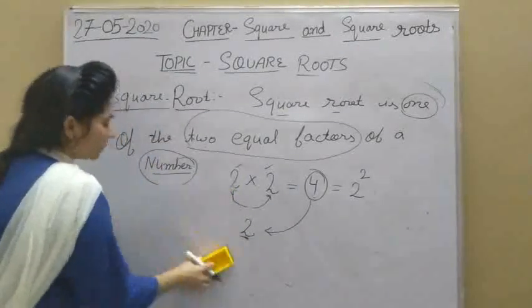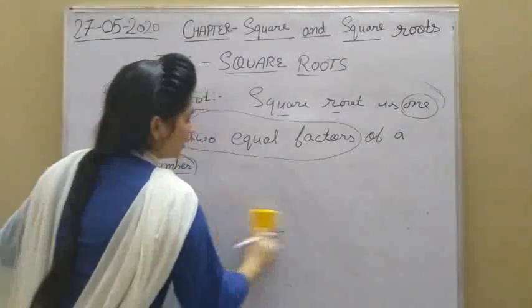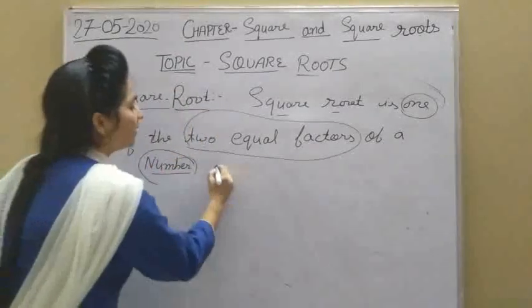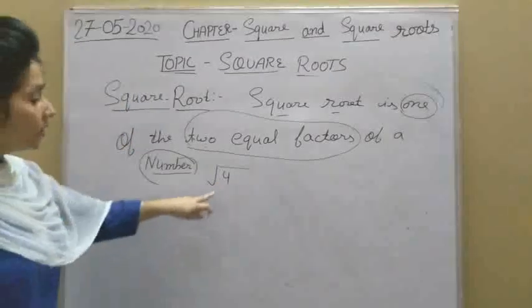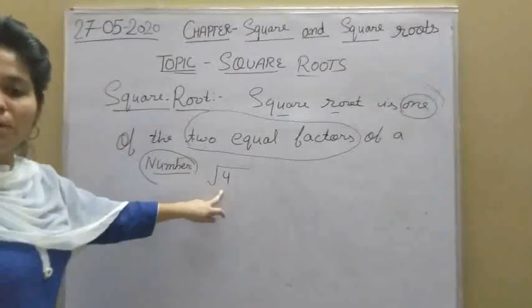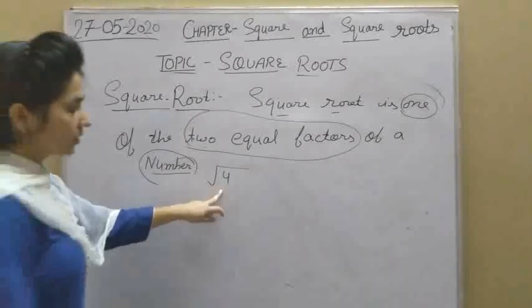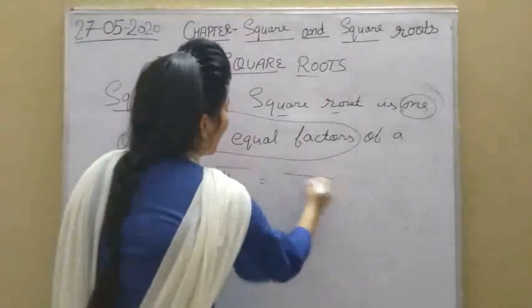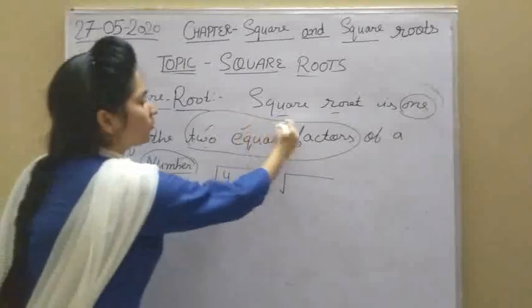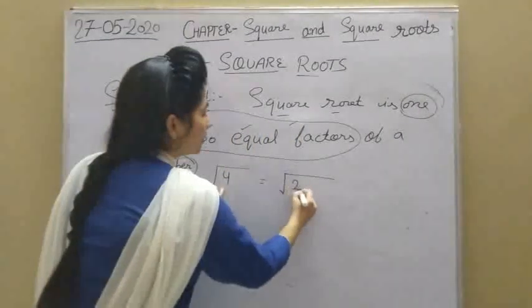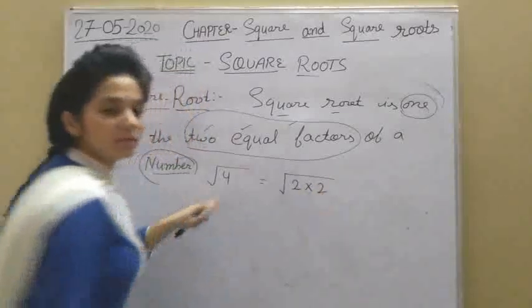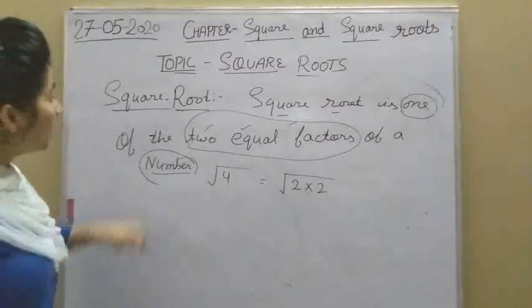Let's take an example. Suppose we have a number 4, and the two equal factors of 4 are 2 multiply 2.